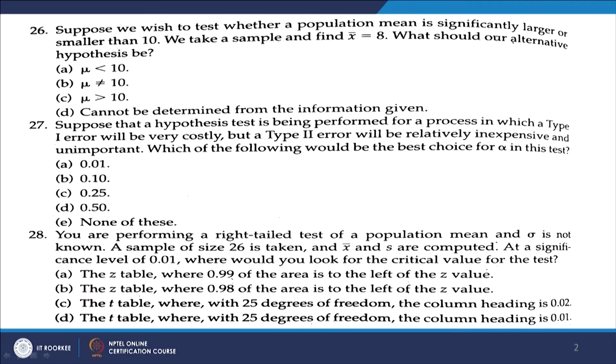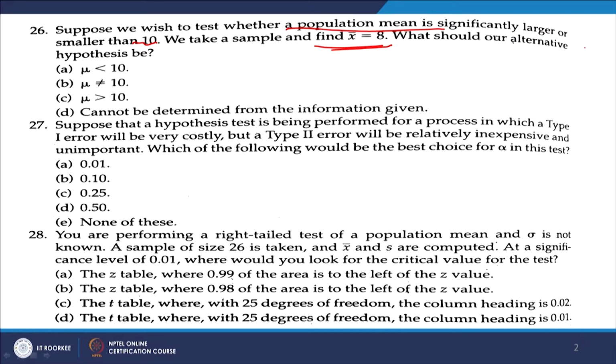Let us look at one more slide on these questions. Suppose we wish to test whether a population mean is significantly larger or smaller than 10. We take a sample and find the sample mean as 8. What should our alternative hypothesis be?